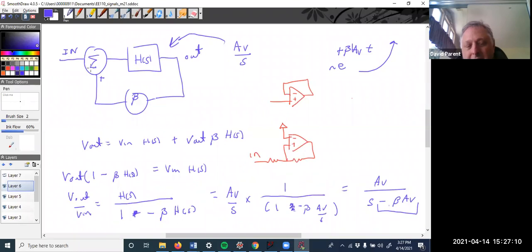Actually, I simplified it just so you know, because there's an alpha, and that's R2 over R1 plus R2 here.